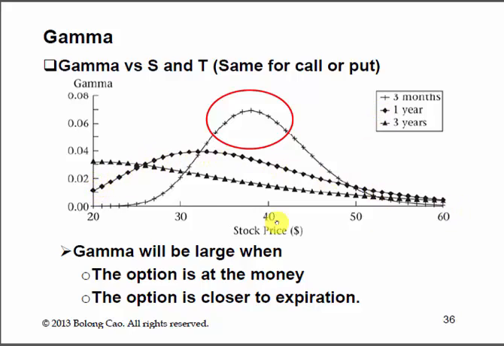The triangle line is the 3 year expiration date. So what do we know, right? As you get closer to expiration, gamma seems to get big. Also around at the money, in the middle here. So gamma will be larger when the option is at the money and the option is closer to expiration.